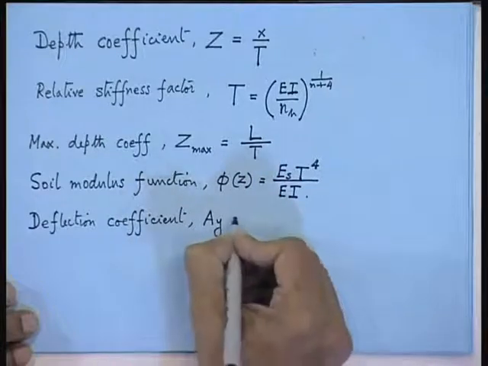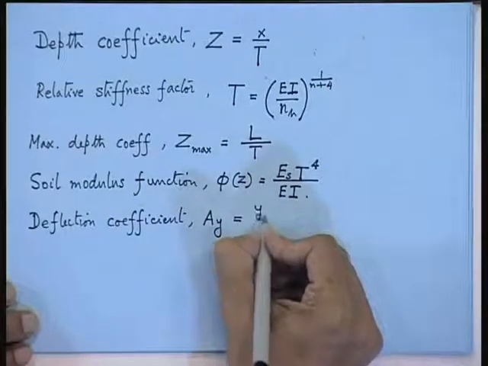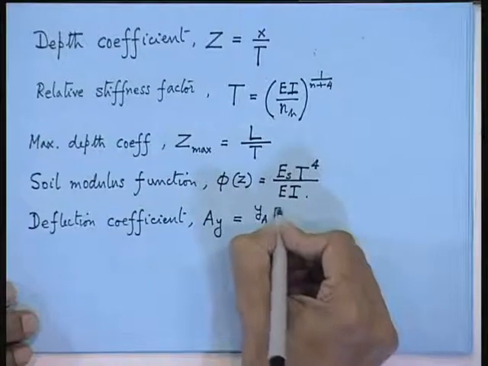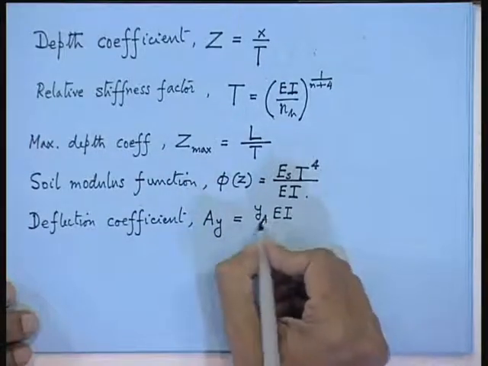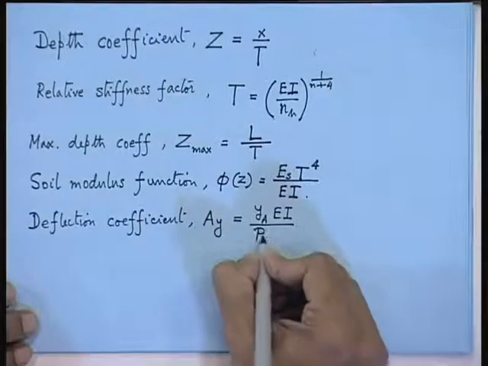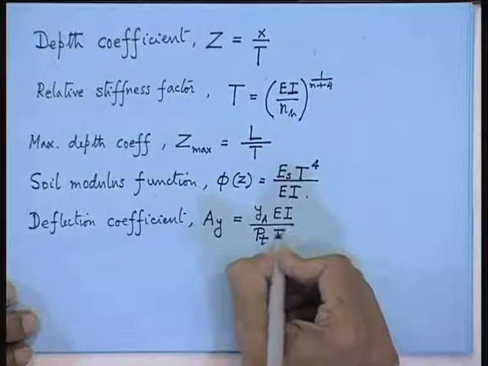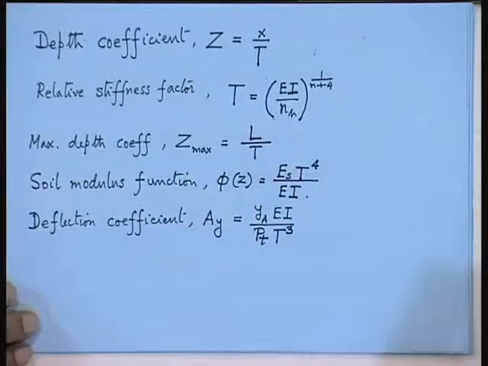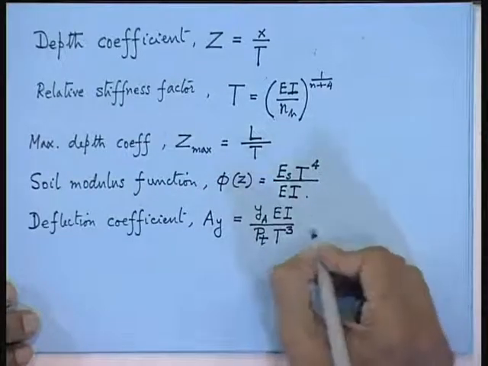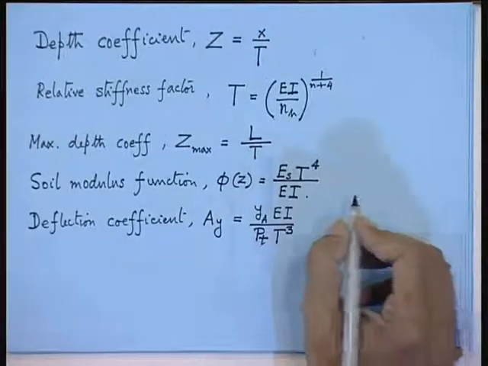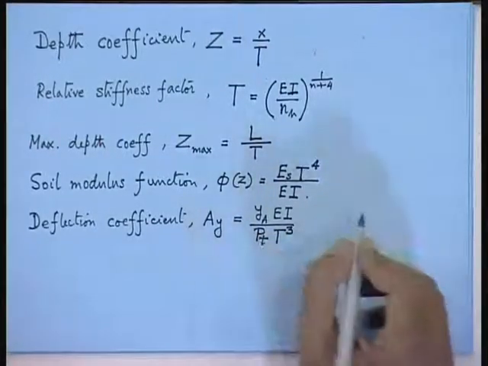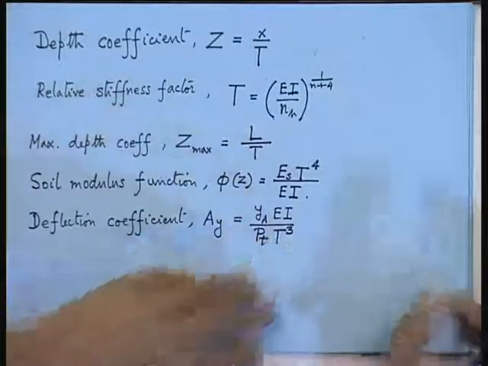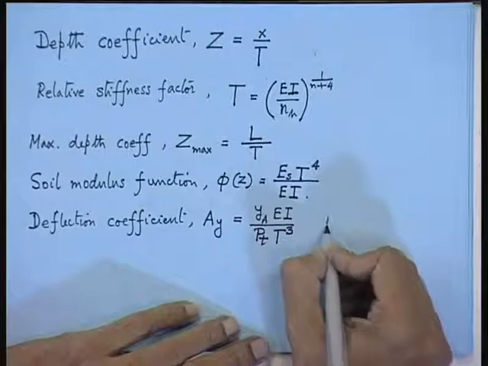So, this is YA into EI over, now this is what type of deflection? Deflection that is coming from PT. So, obviously, this will be a displacement.